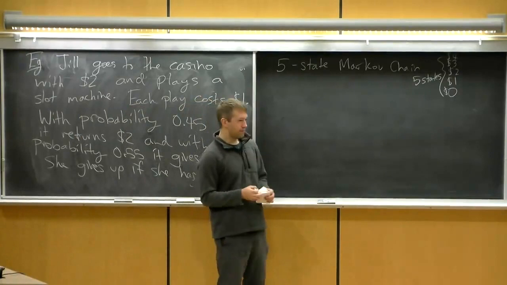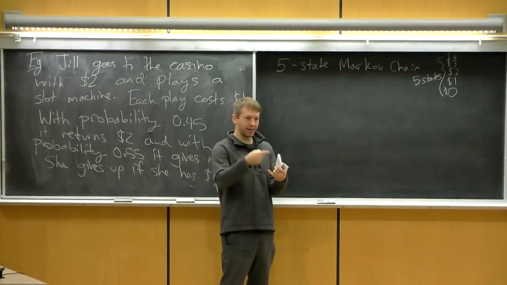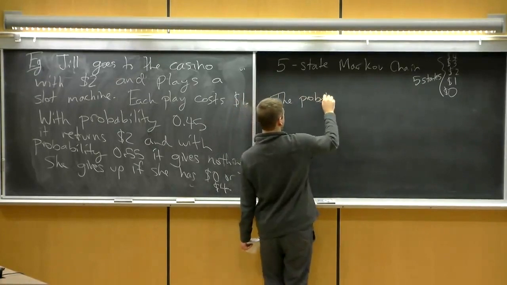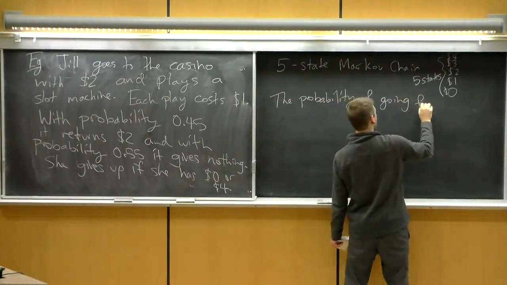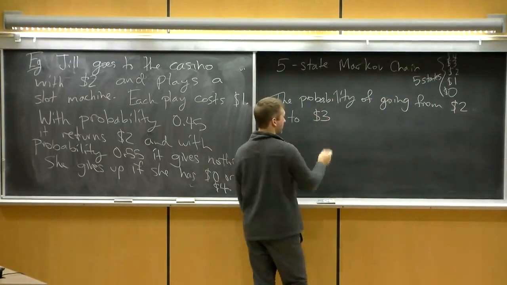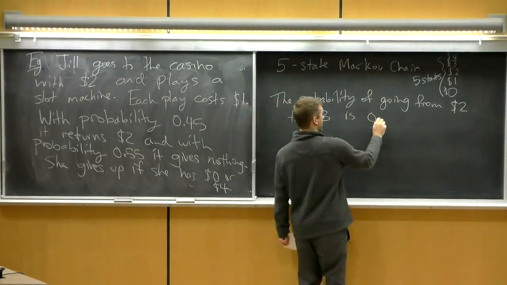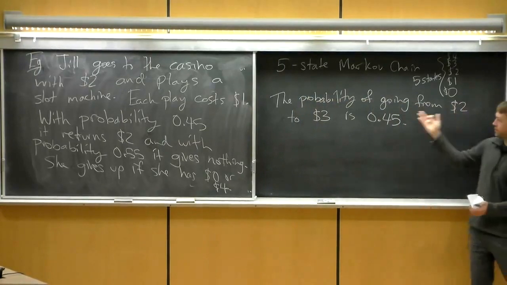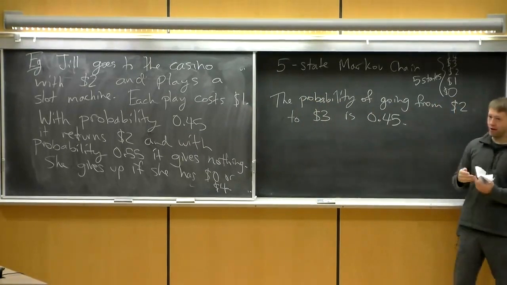And then if you think about it, from any given state to any other state, there's a fixed probability of moving from that state to the other one. Like the probability of going from $2 to $3 in a given step is 0.45, right? It doesn't depend on the previous history.